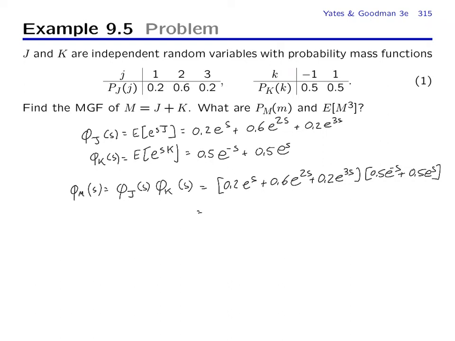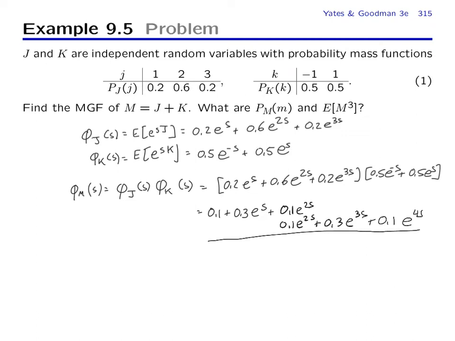The result is that we get 0.1 plus 0.3 e to the s plus 0.1 e to the 2s plus 0.1 e to the 2s plus 0.3 e to the 3s plus 0.1 e to the 4s.